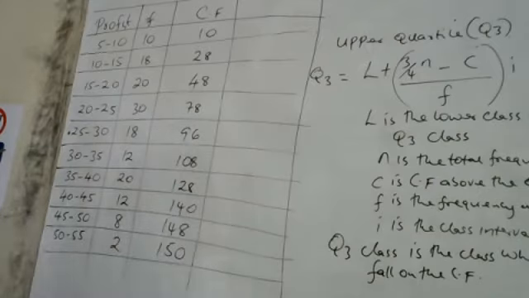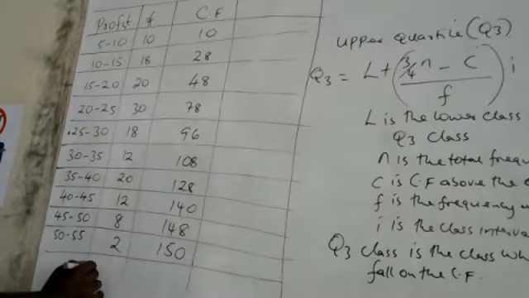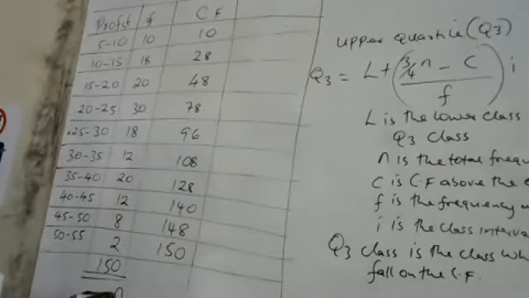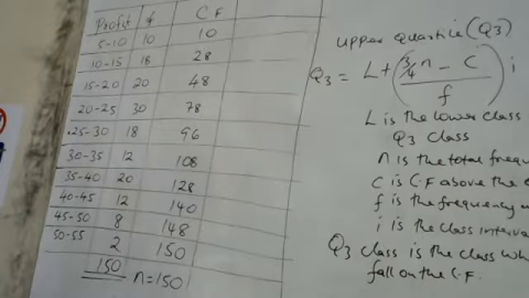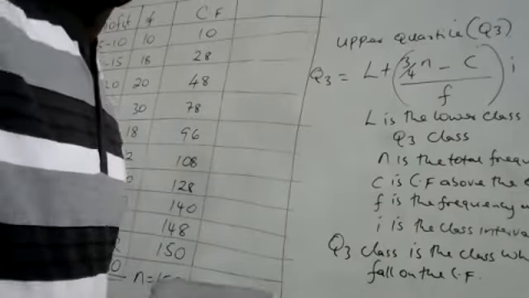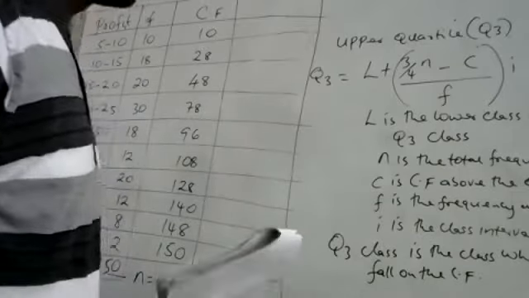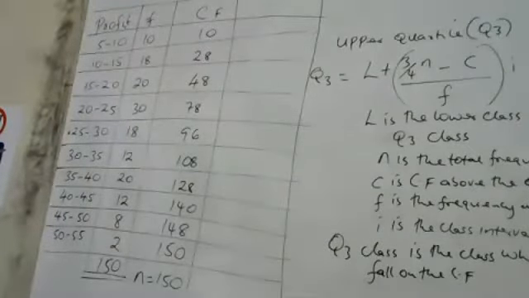That is our cumulative frequency. If you add these, it should also give 150, and therefore our N is equal to 150. With that, we can determine those quartiles.